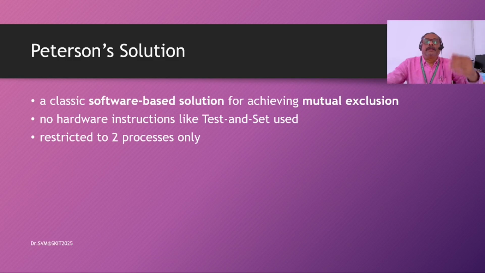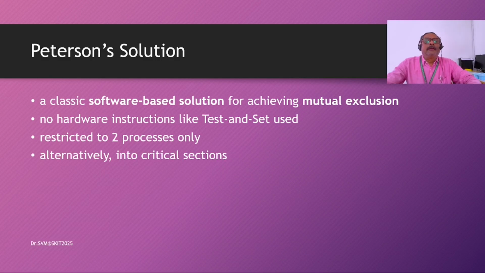So either process I or process J, only two processes are active at any given time, then Peterson's solution comes to our aid. Here we try to make sure that the two processes are in the critical section on an alternate basis if both want it.